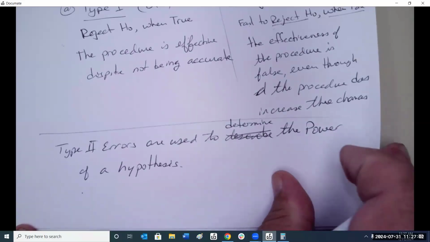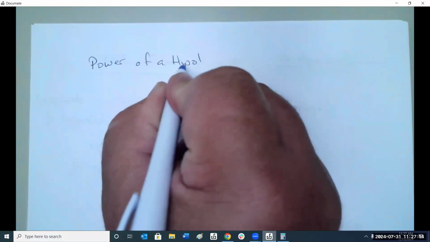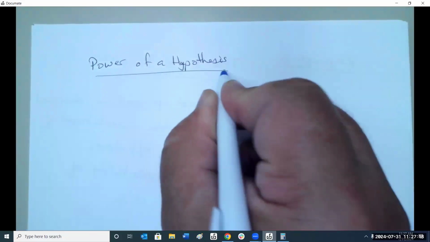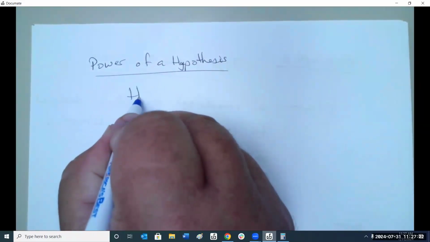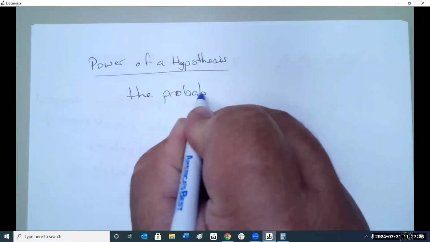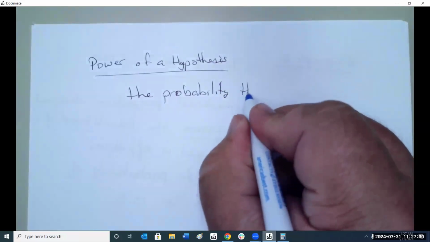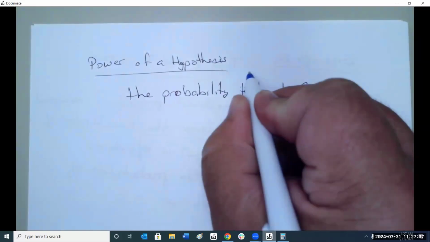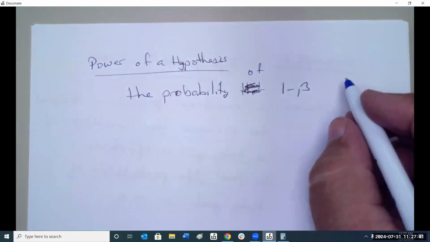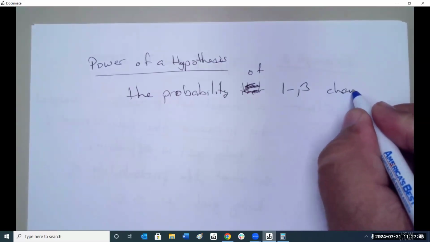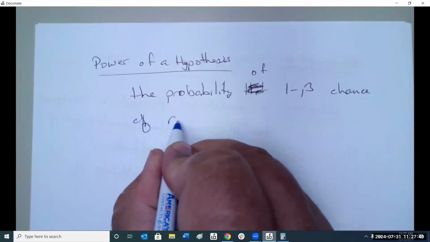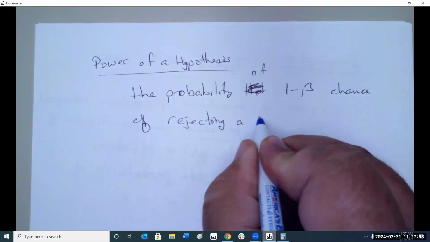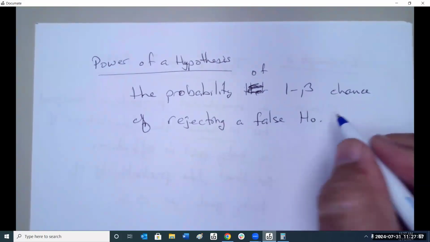By power of a hypothesis, we're saying it's the probability of 1 minus beta, the chance of rejecting a false H0.